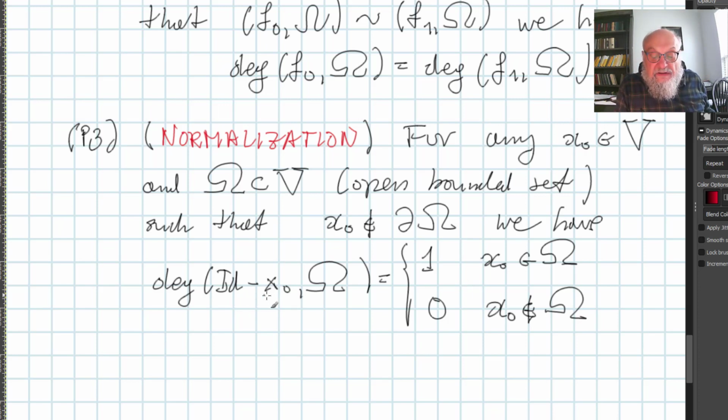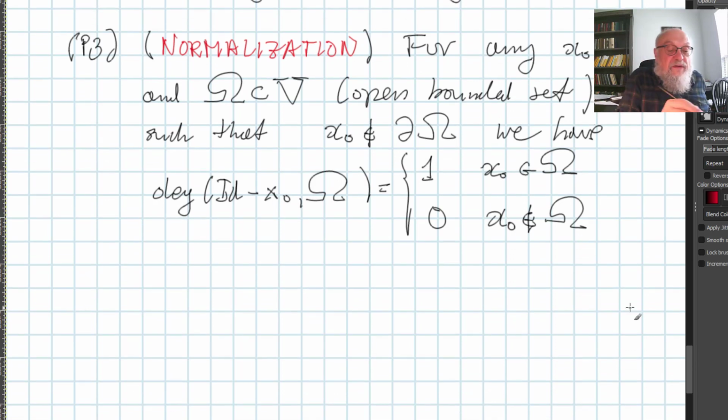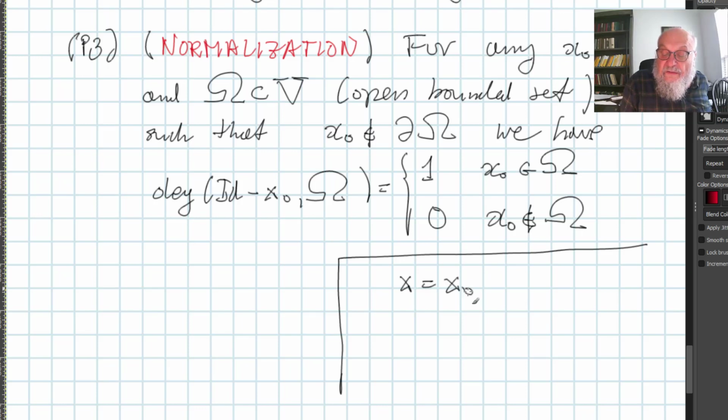So that map, the identity map, is admissible, and look what it is. This represents the simplest possible equation you can imagine: x is equal to x naught. You are looking for solutions in omega.